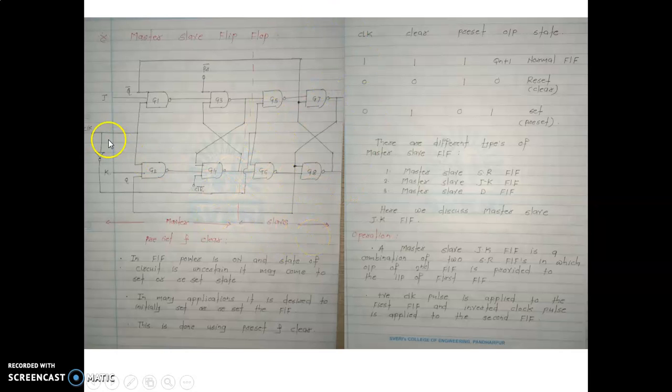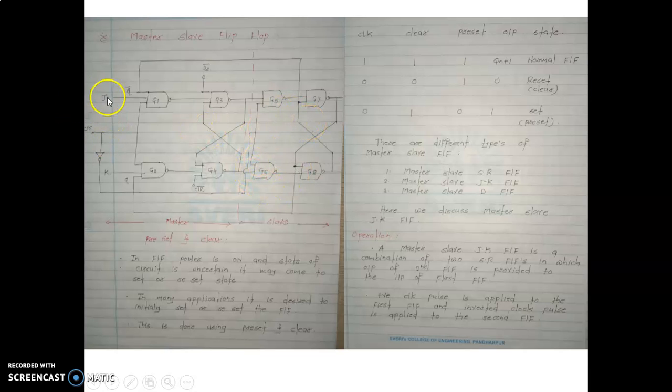We provide the clock pulse to the master flip-flop and the inverted clock pulse to the slave flip-flop. Why do we provide the inverted clock pulse to the second flip-flop? If we provide clock pulse 1, the master flip-flop will be enabled, and as we provide the inverted clock pulse to the slave flip-flop, the slave flip-flop will be disabled.